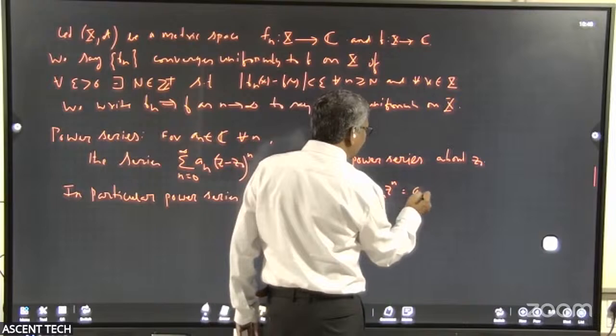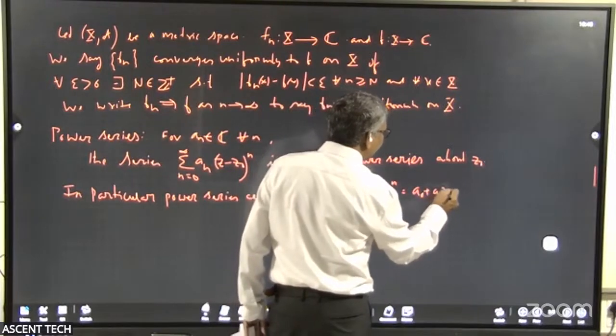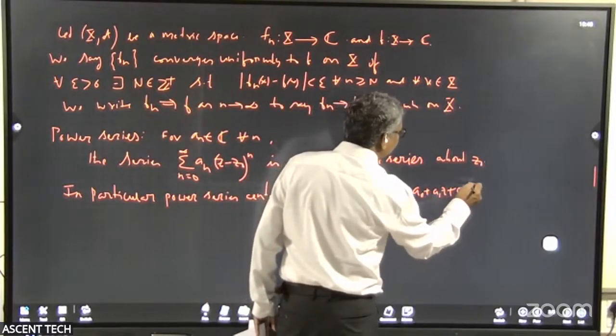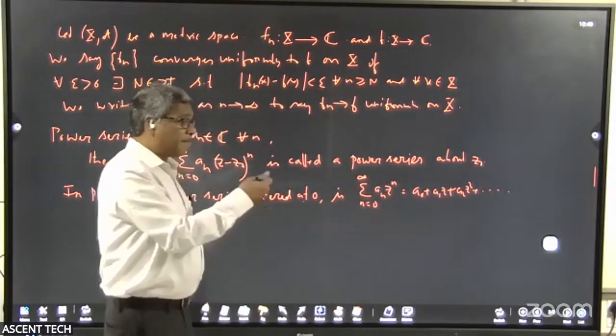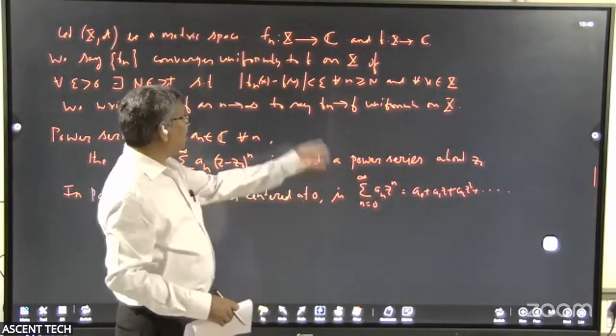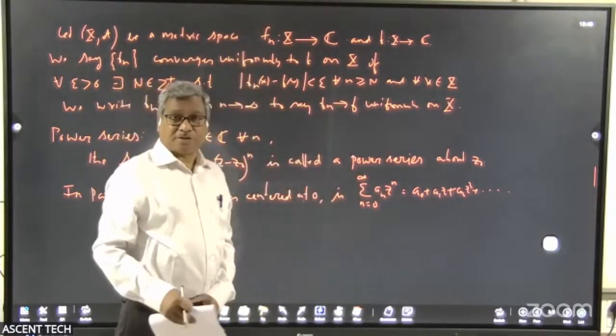This is your A naught plus A1 z plus A2 z squared and so on. Because it's going to depend on the complex number z, it's a series of functions.